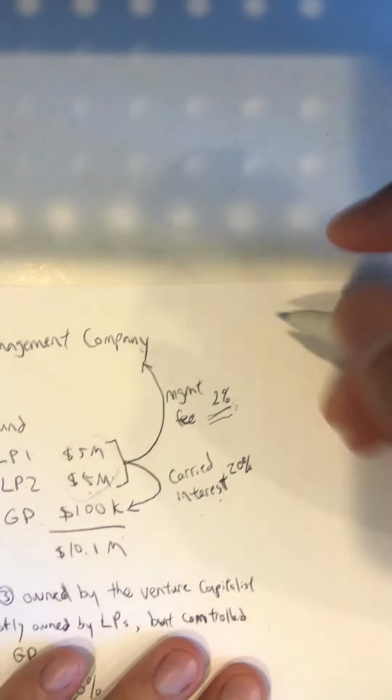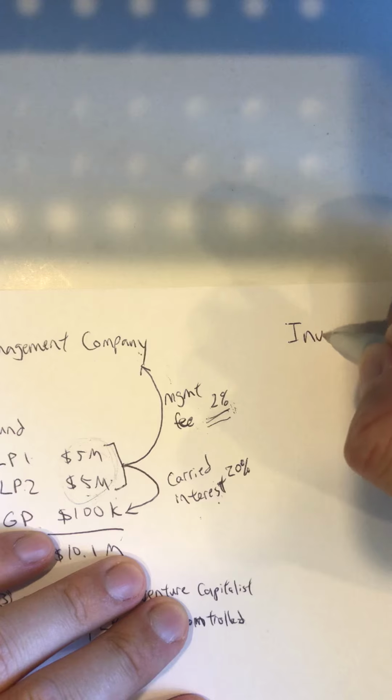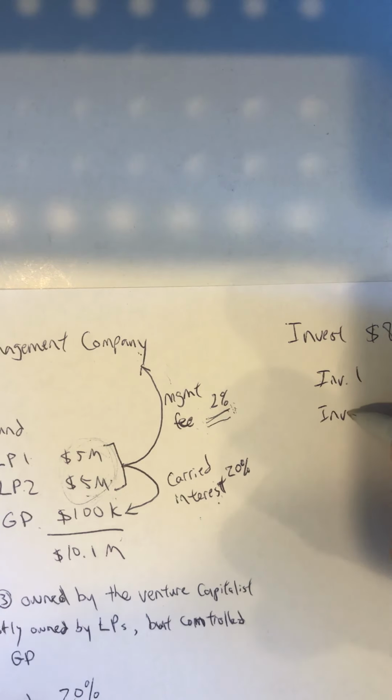So our investment as of year 5 is, say, $8 million. And we have investment 1, investment 2, investment 3. Let's say investment 1 is 3 million, 3 million, and 2 million.